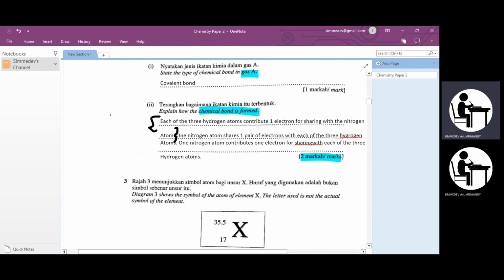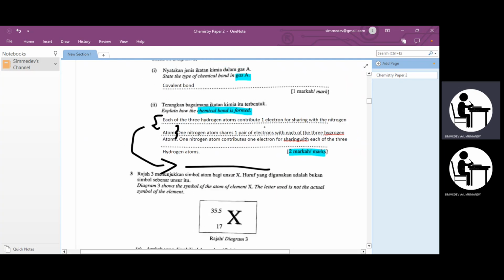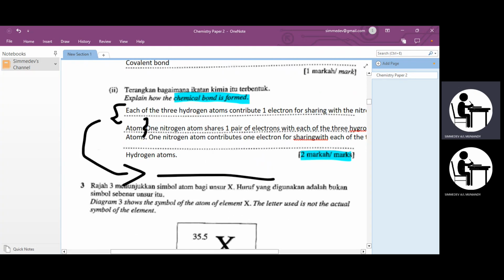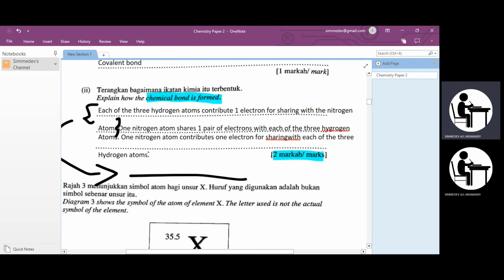It's supposed to be elaboration next to this. It should be written here. I'm sorry, I don't want to procrastinate any further by rewriting this. I'm just going to say, okay, the first sentence should be: one nitrogen atom shares one pair of electrons with each of the three hydrogen atoms. One nitrogen atom contributes one electron for sharing with each of the hydrogen atoms. Each of the three hydrogen atoms contributes one electron for sharing.